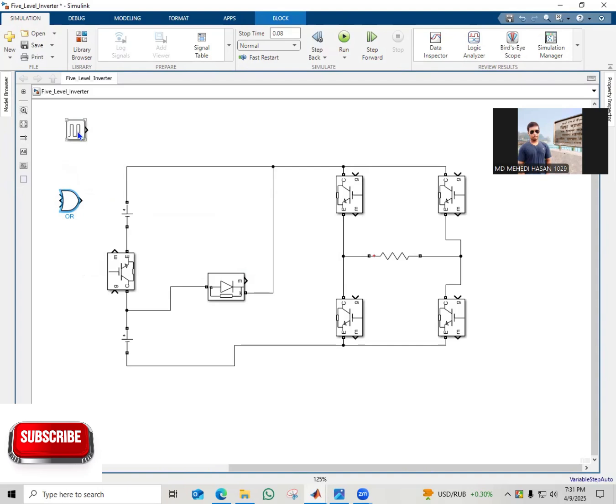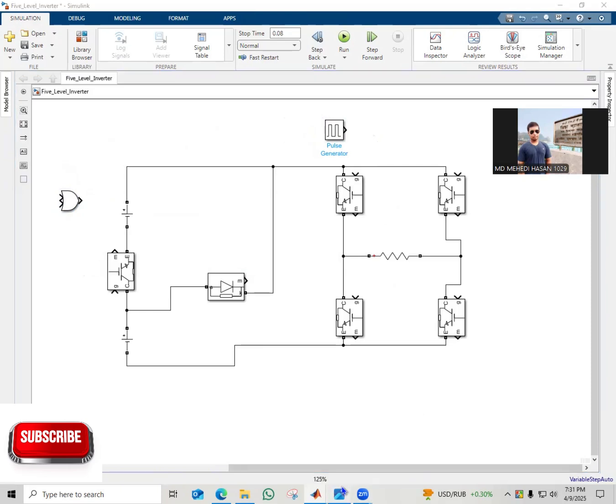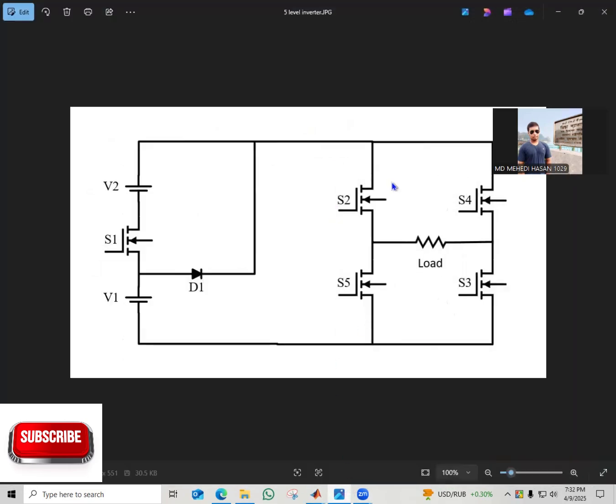Basically, you have to apply a pulse to S2 and S3 at the same time to turn them on, and you have to apply the same pulse to S4 and S5 to activate the negative direction at the same time.